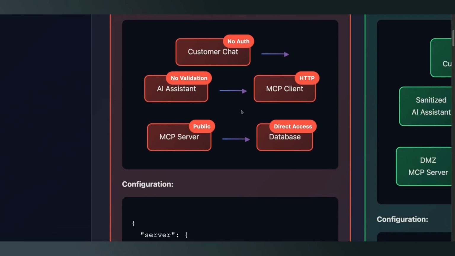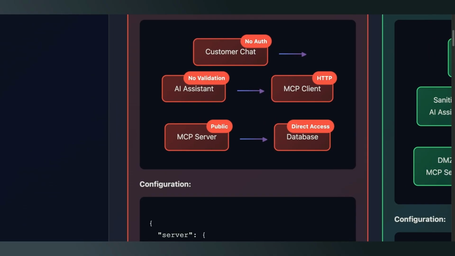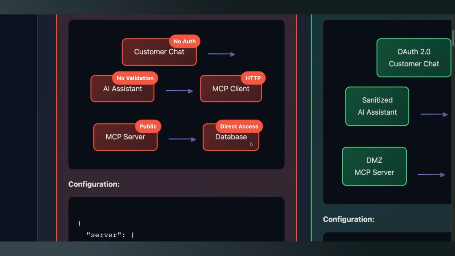In the same way, on the MCP server, is the server publicly exposed to the internet, and if it is exposed, how are authentication and authorization maintained, right? And the same for the database: obviously the MCP server has to be linked with the database, but how has it been linked, and what authentication mechanism has been implemented, right?